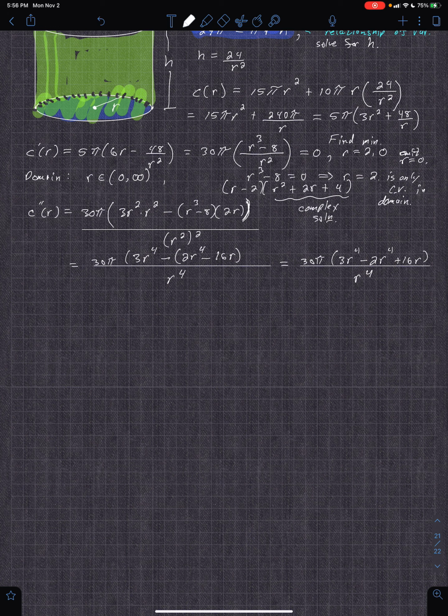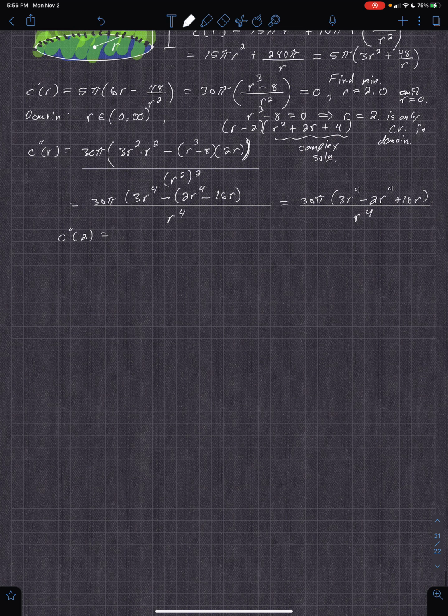Okay, so now let's do C double prime of 2. So all you're really looking at is 3 times 2 to the 4th, minus 2. Oh, I could have simplified that. All right, I can't leave that like that.